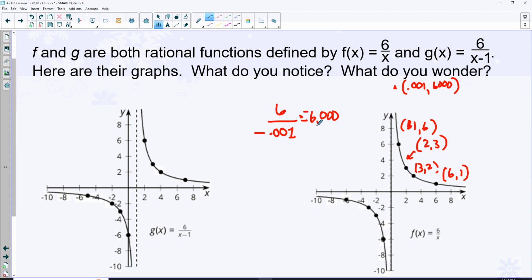So we get a negative 6,000, and you're going to get a point way down here at the bottom. Well, that's pretty spiffy. Not only is the function going to jump across the y-axis, but it's also going to flip from positive to negative, or negative to positive, depending on your vantage point.